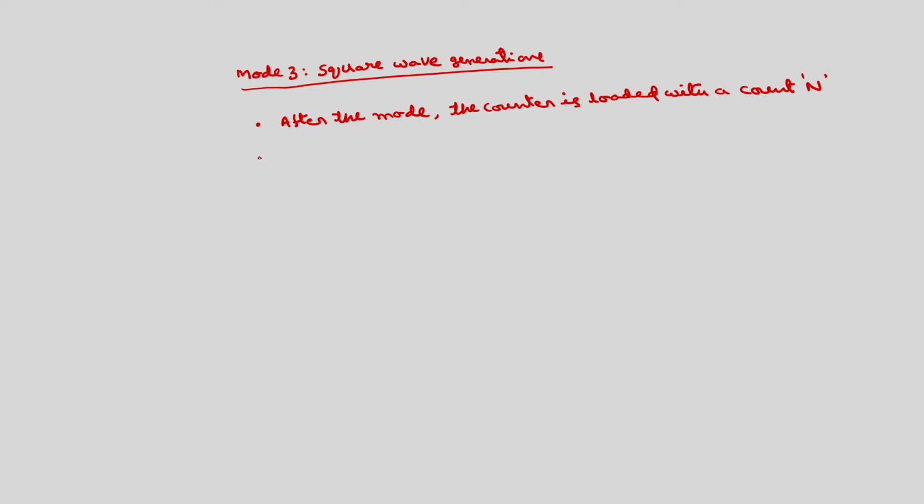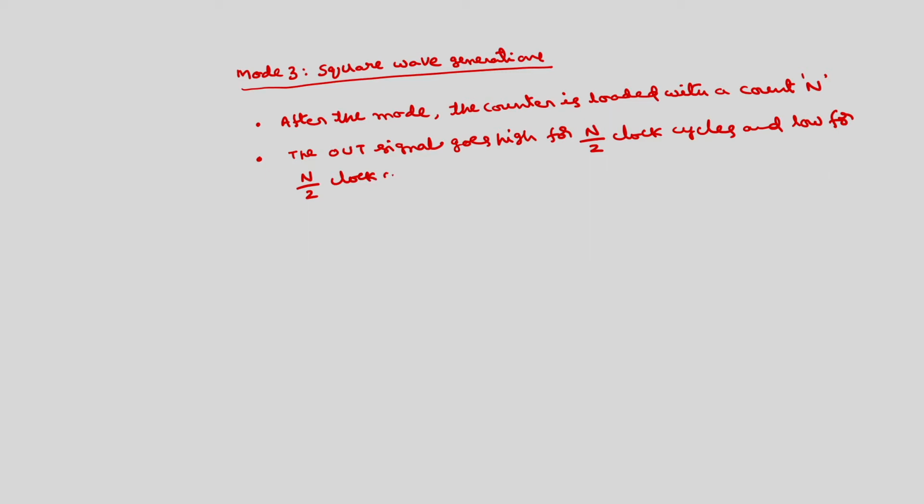Then once the count is loaded into this counter, the out signal of this particular counter goes high for n by 2 clock cycles and low for the remaining n by 2 clock cycles, and the same process repeats.